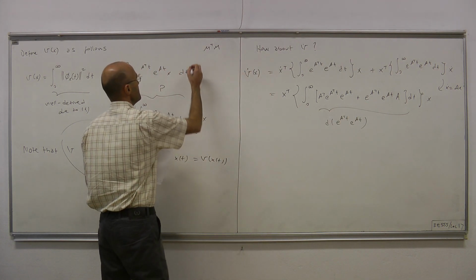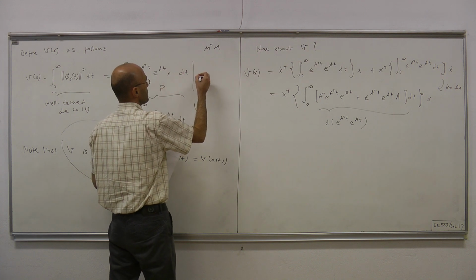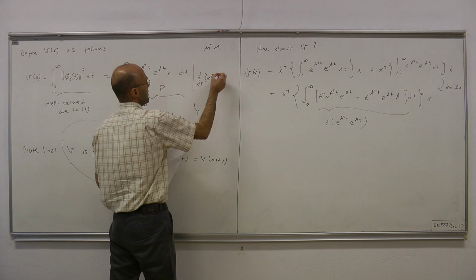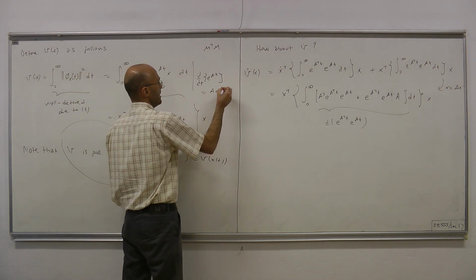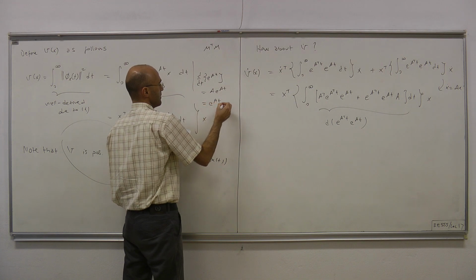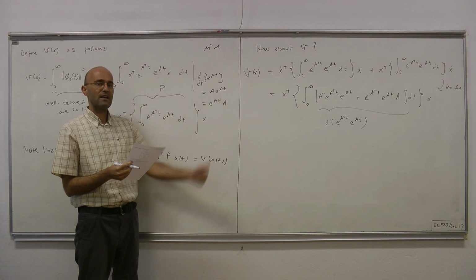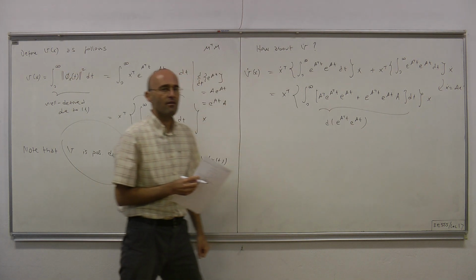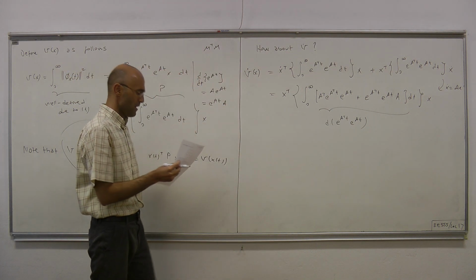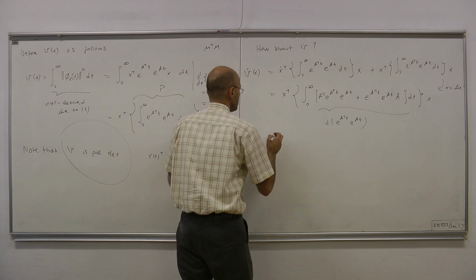And the reason for that is d over dt of e to the A t, if you remember from 542, equals A times e to the A t, or e to the A t times A. Those two matrices commute. Because of that, this equals that.